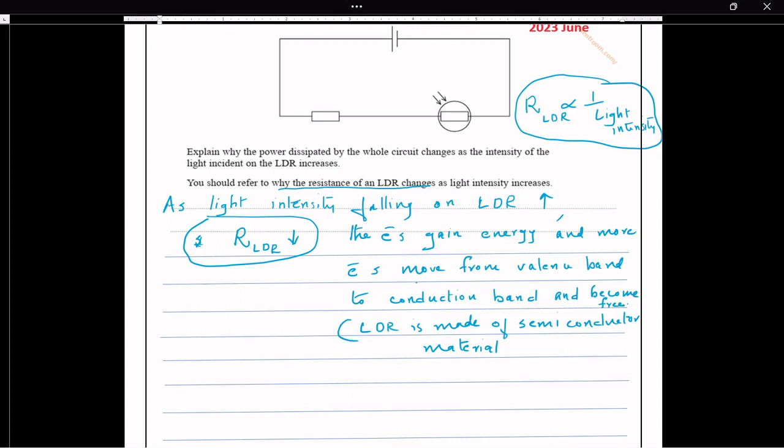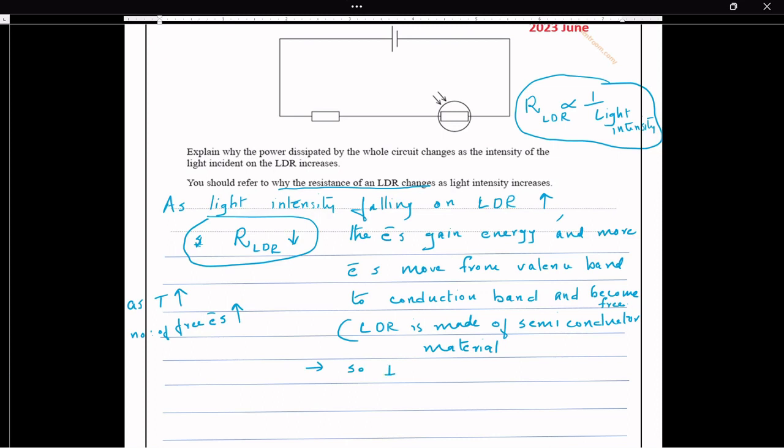So in short, as light intensity increases, the number of free electrons increases. So the current conduction increases, as there are more free electrons available to conduct the current.